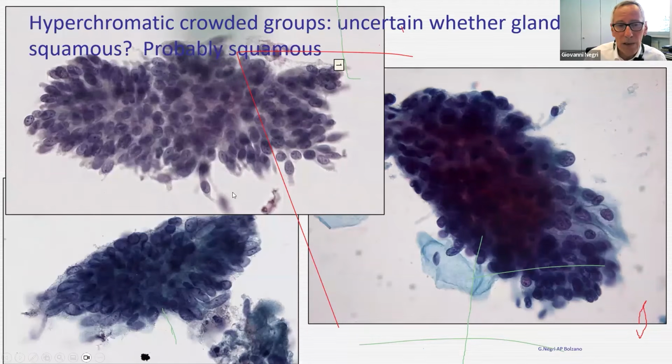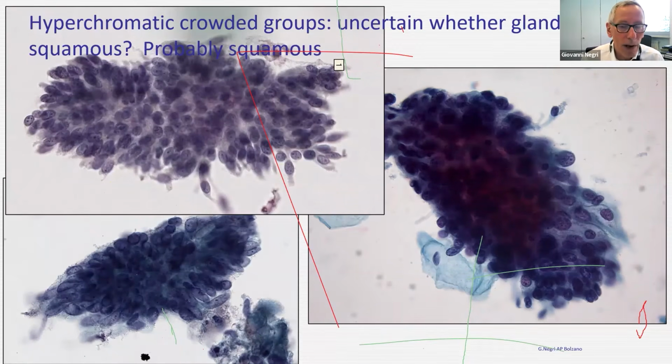If you look in the smear, even at low magnification, and you already see large groups of hyperchromatic cells with some feathering, and you think, oh, it's going to be an adenocarcinoma in situ, usually you are right. And if you think, oh, it could be an adenocarcinoma in situ, could also be a squamous lesion, in my experience, usually it's going to be a squamous lesion.